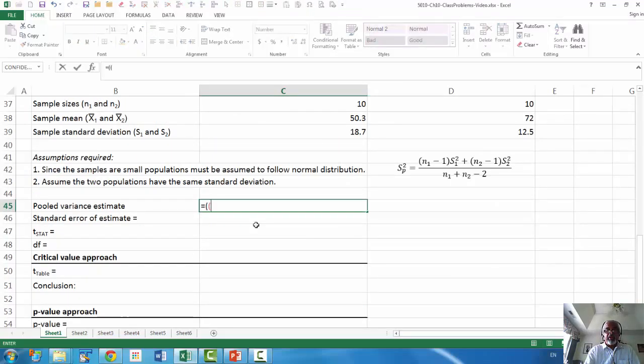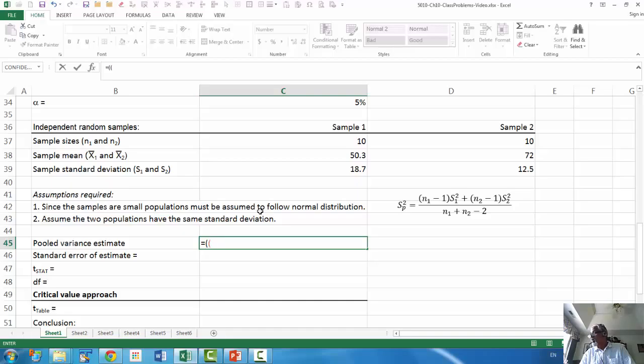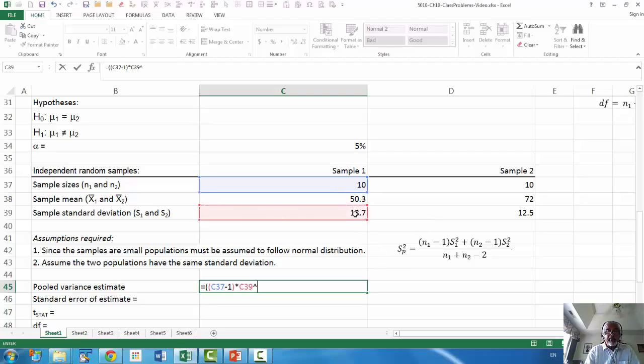So we need to start with two parentheses, n sub 1 minus 1 times s sub 1 squared, okay, plus n sub 2 minus 1 times s sub 2 squared.